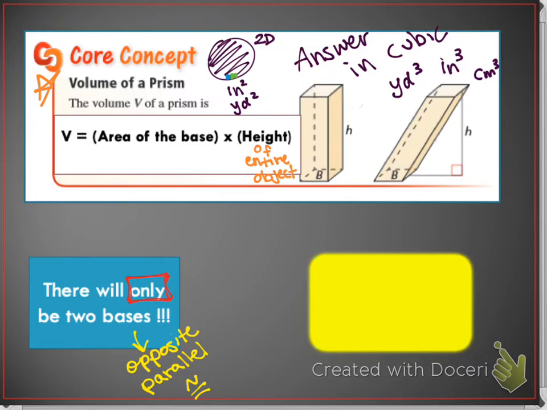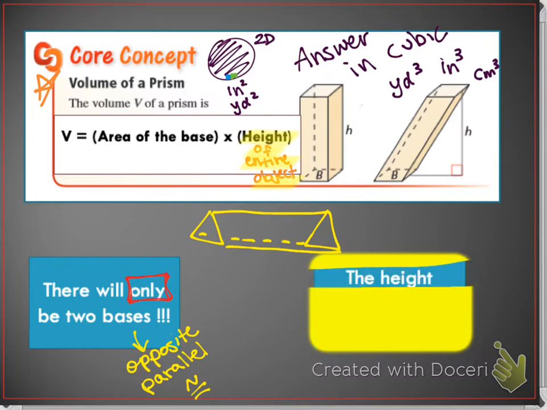And then the last thing, when I say the height of the entire object, sometimes the height will not be up and down. So think back to the Toblerone on the page before. We had a triangle and a triangle. Most people would assume that the height would be in the triangle, but it's actually not going to be that.